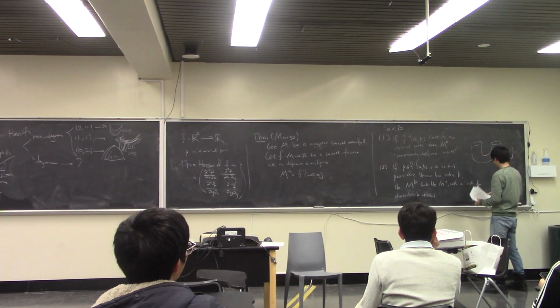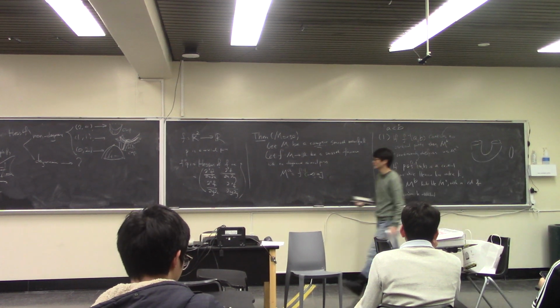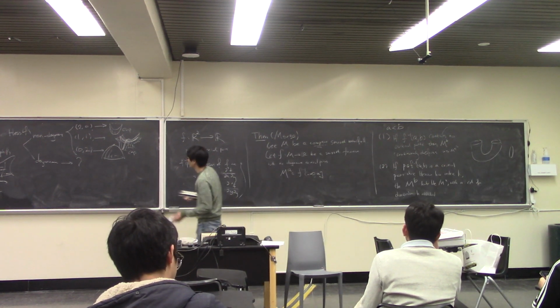So to make sense of this result, let us go back to the example of the torus and see how this result is consistent with what we had done in the torus.